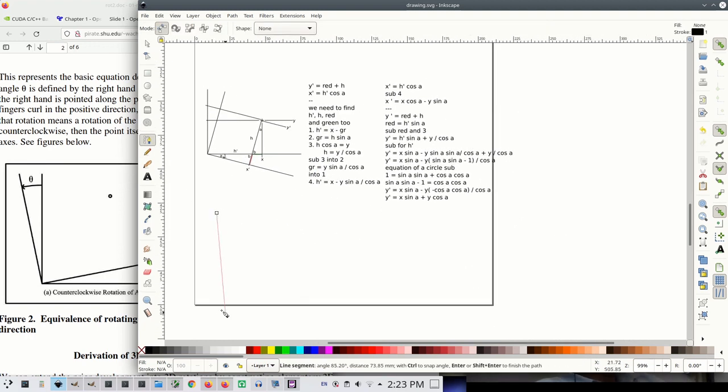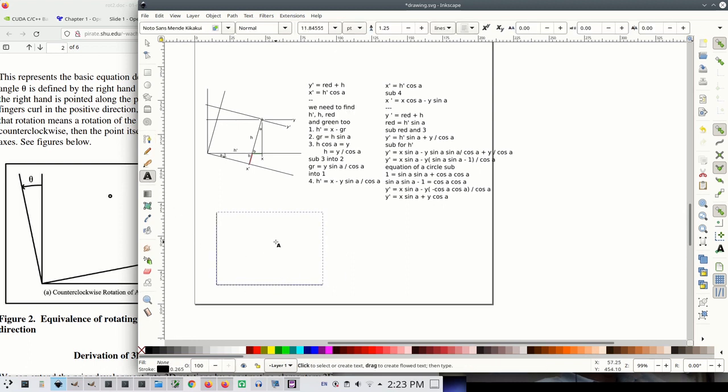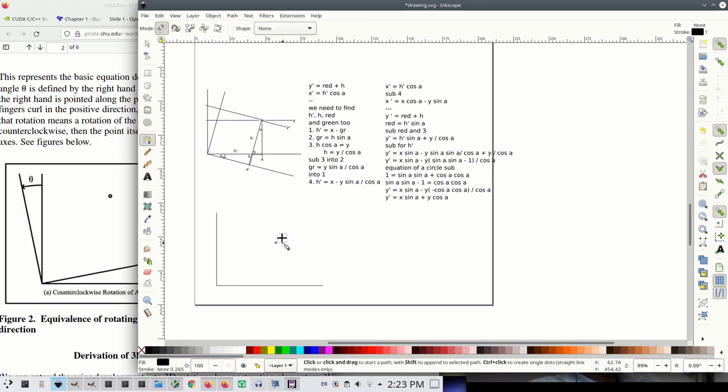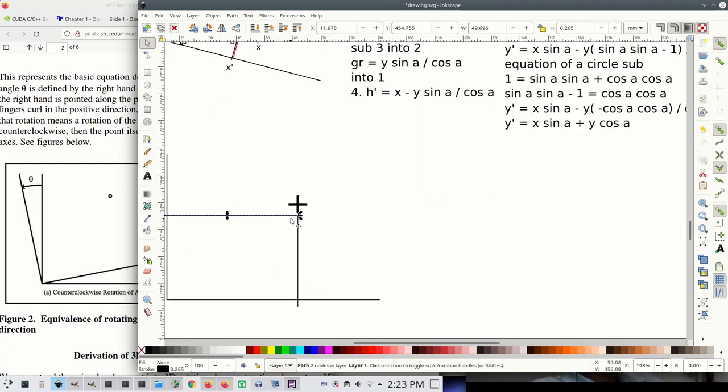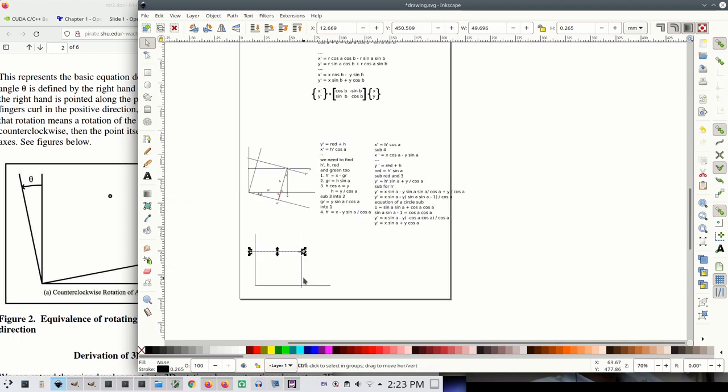First we draw the x and y, then a point. This projection down to the x-axis gives us the x value of that point, and a projection out to the y-axis gives us the y value of that point.